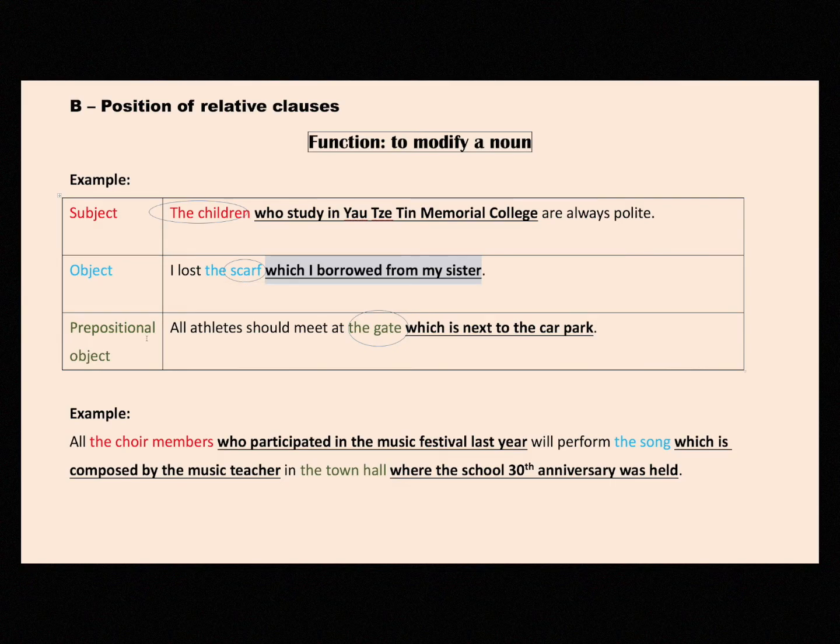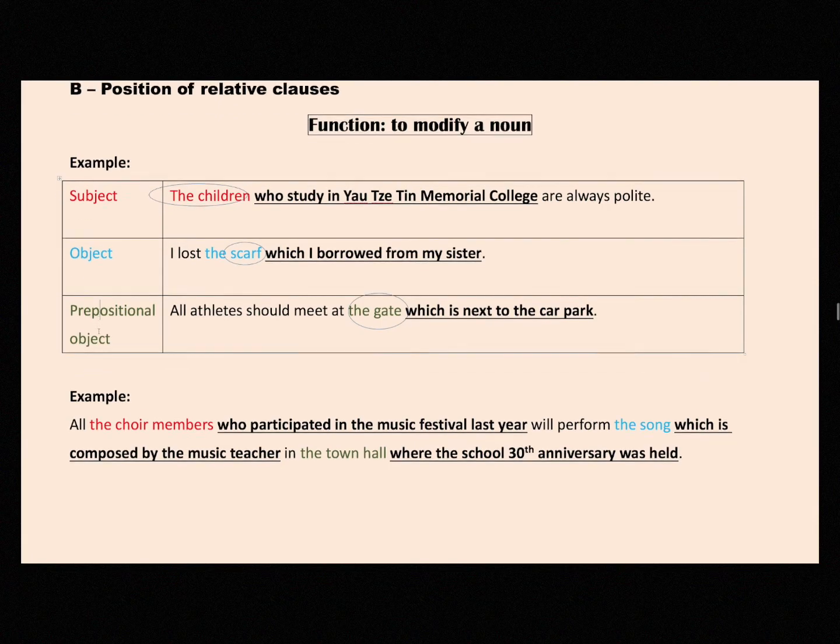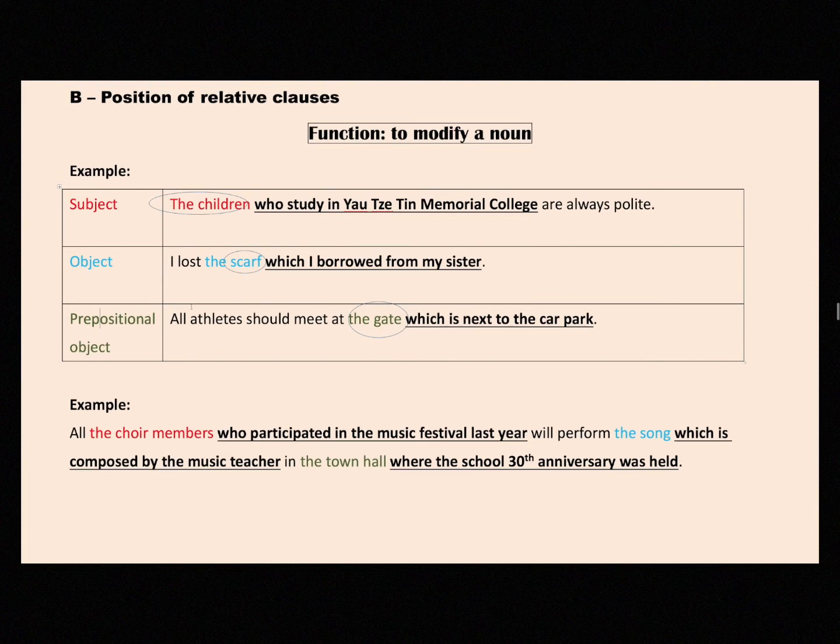Next is the prepositional objects. We say, all athletes should meet at the gate, which is next to the car park. All athletes should meet at the gate. You can say at the gate here is the prepositional phrase, and within the prepositional phrase, the gate here is the prepositional object.